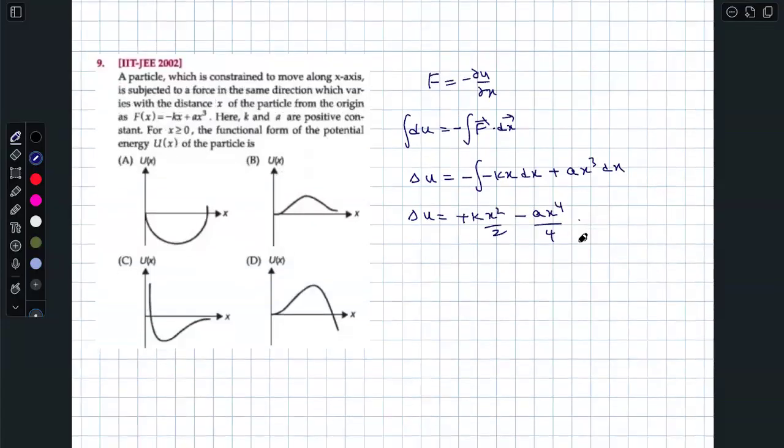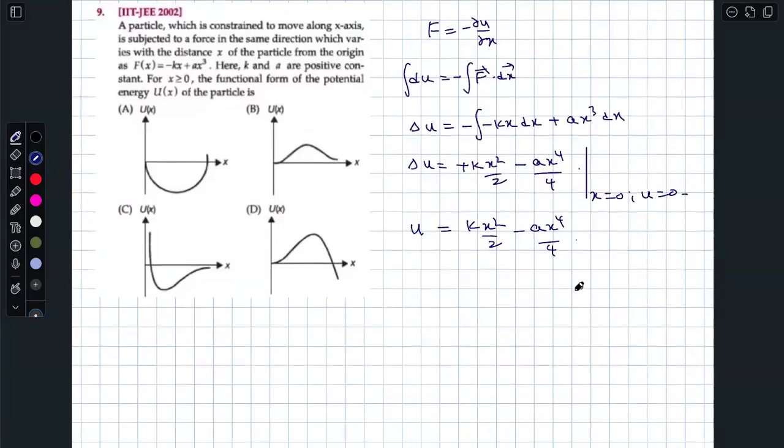If x is equal to 0, let us define potential energy 0, then at some x, u is given as kx square by 2 minus ax power 4 by 4. Can you please help me in drawing this graph?